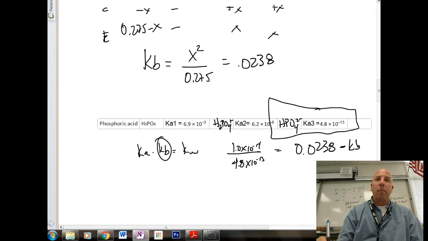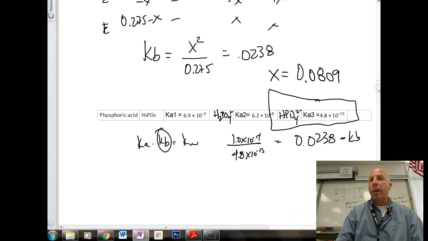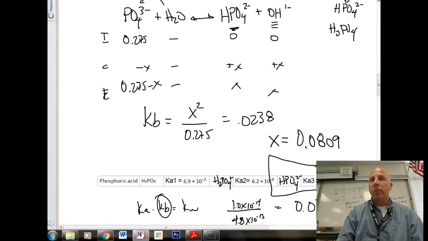So let's multiply 0.0238 by 0.275 and then take the square root of it. And I get X is equal to 0.0809. Okay, and now that is X, that is equal to my hydroxide ion concentration.